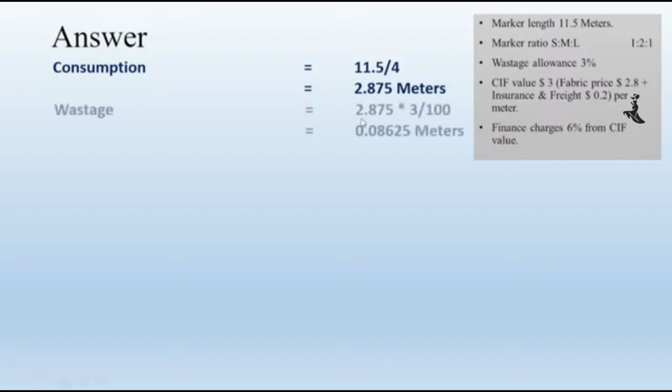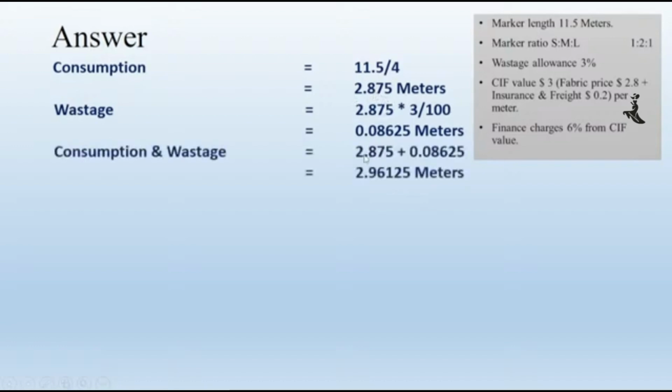It's 2.875 into 3%, which is 0.08625 meters. Both these quantities we need per garment, so the fabric quantity we need per garment is 2.96125 meters.